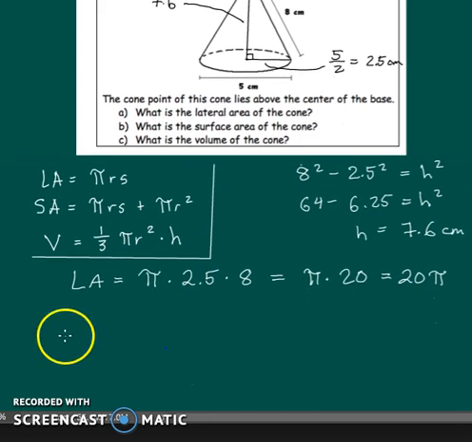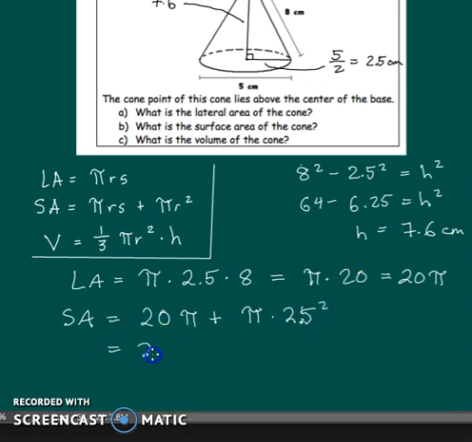So for the surface area, all I have to do is add the area of that base to the lateral area, which I already have. So I'm going to say 20 pi, which is our lateral area, and I'm going to add pi r squared, so pi times the radius squared, 2.5 squared.